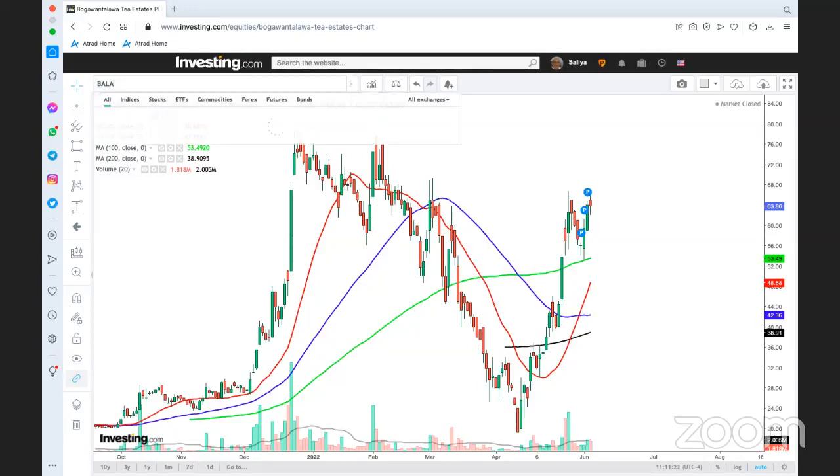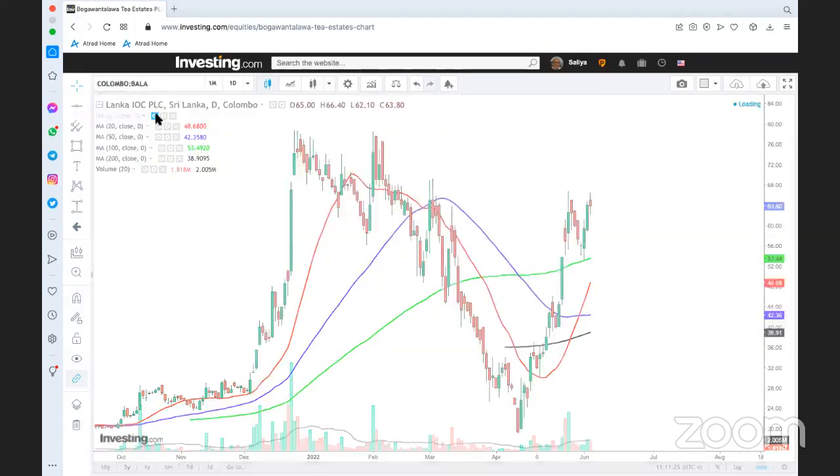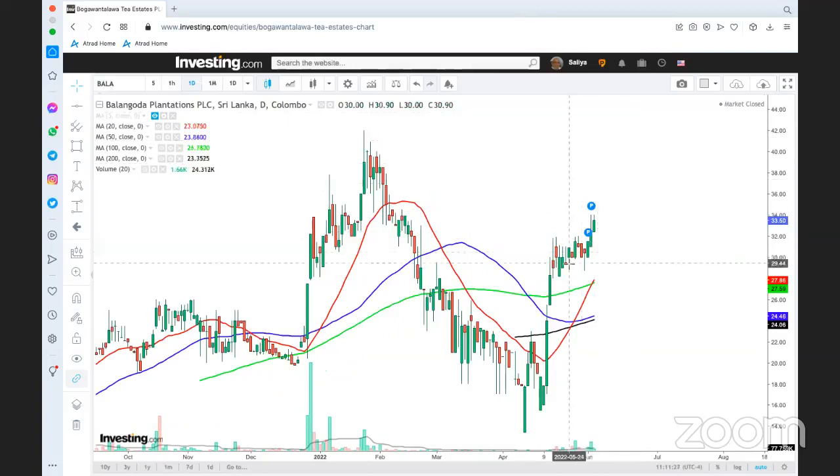I'll start with Balangoda. Balangoda also has broken all the 4 types of moving averages, and incidentally, it took resistance at this range, and we can see on Thursday it has broken out and closed above this area.